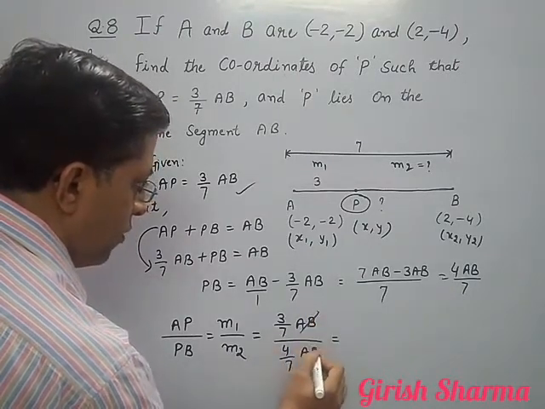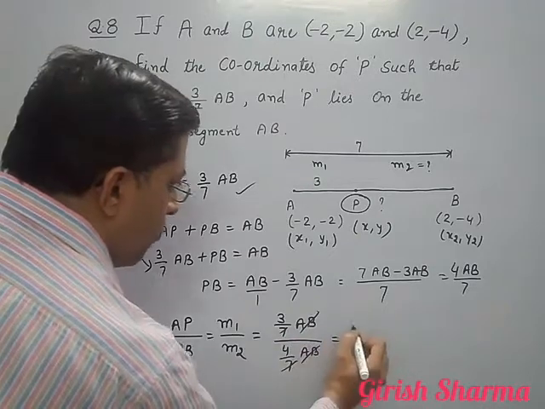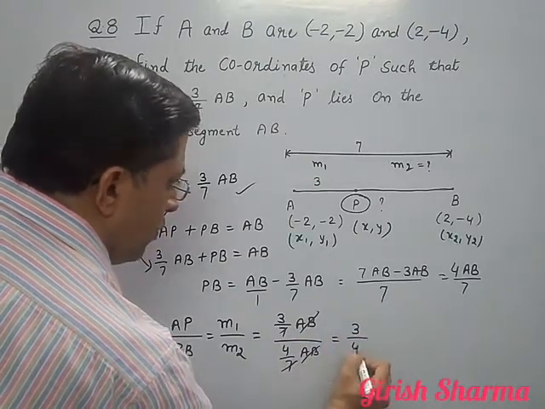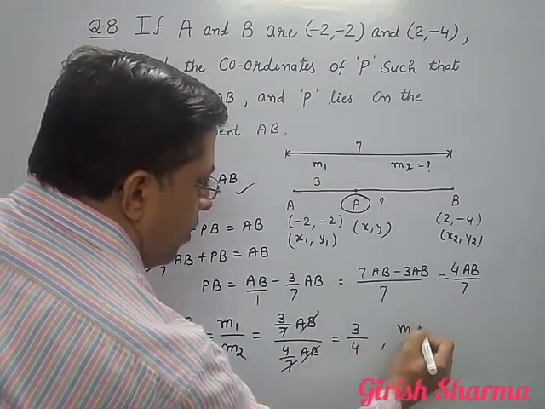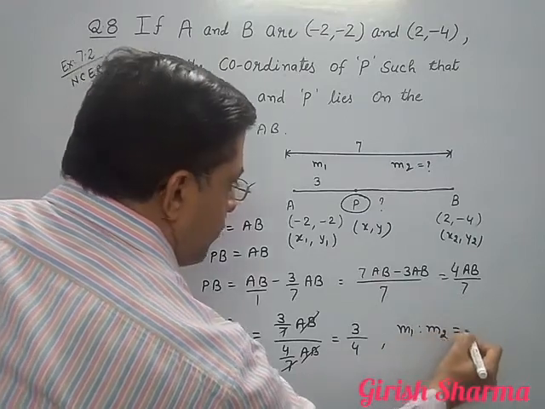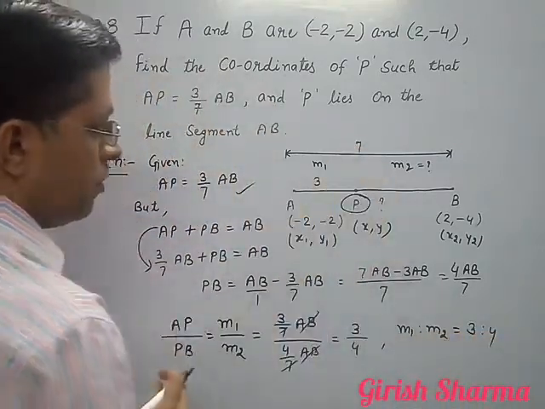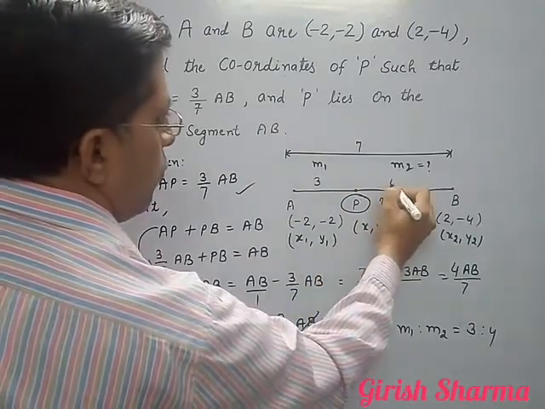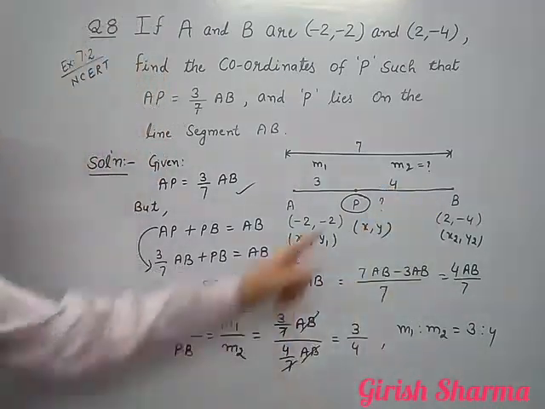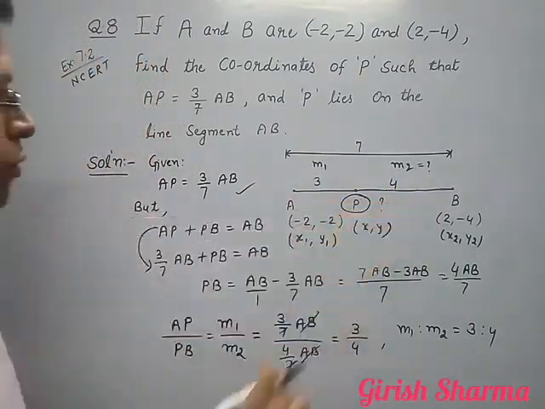AB to AB cut, 7 to 7 cut. It means m1 ratio m2 is 3 ratio 4. You can get here 7 minus 3 is equal to 4 also. Now m2 is here 4.